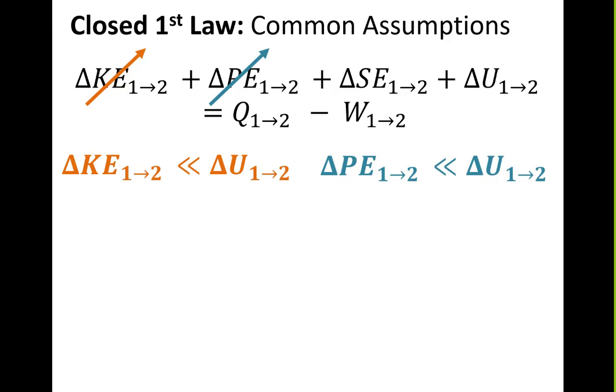Same with the change in potential energy and the change in spring energy. These things are often small enough that it's okay to neglect them, at least as a first approximation. When we're trying to do things on pen and paper to get an idea of what's happening, then canceling these things out is not an unreasonable thing to do.